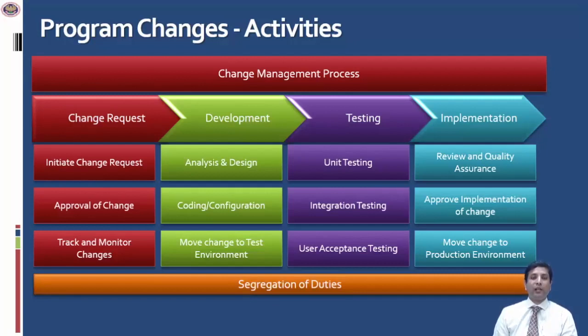Similarly, there could be various scenarios in which segregation of duties will be required. Typically, the maker checker, the approver of the change, should ideally be different from the initiator of the change, and likewise. So there could be many types of segregation of duties that need to be looked into and implemented as a part of the change management process.